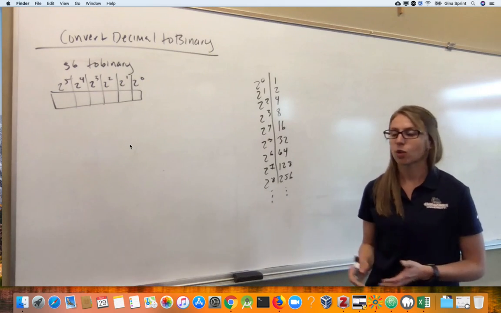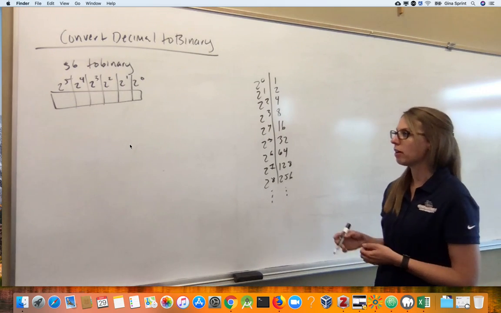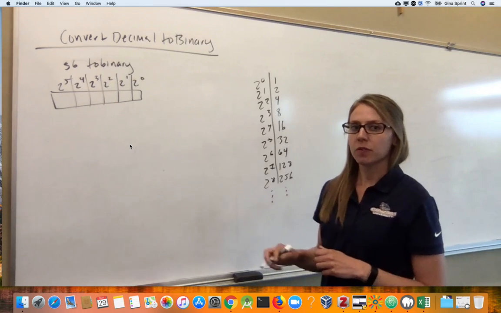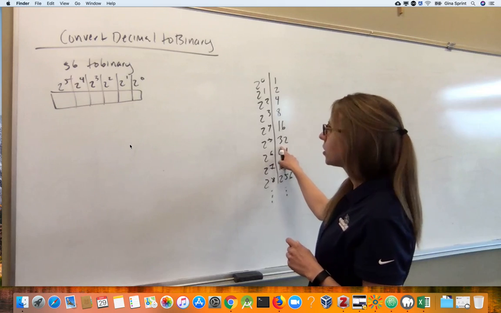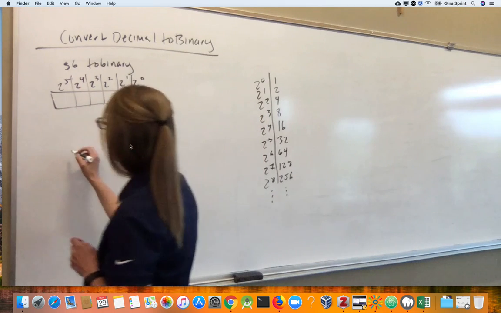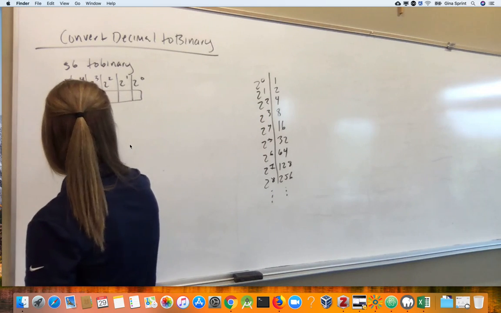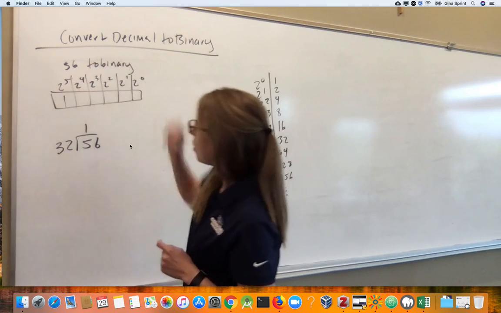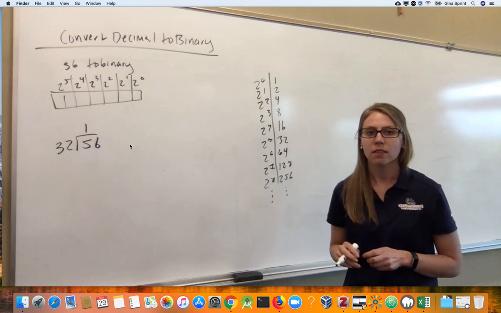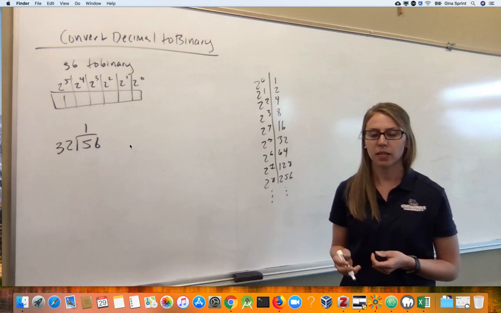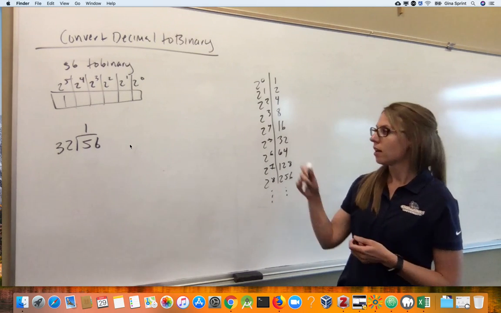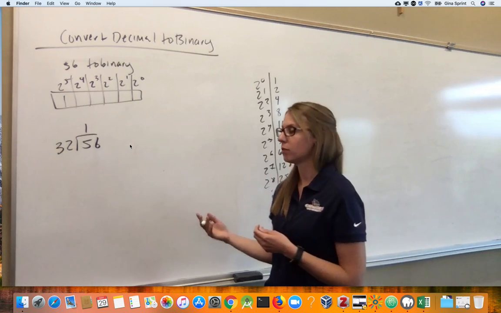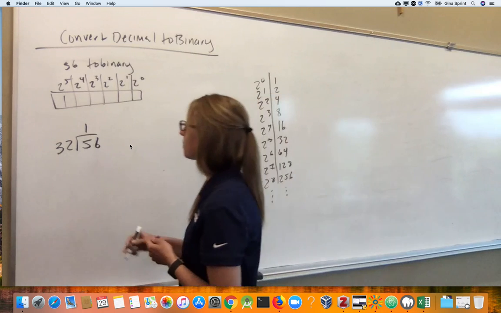Now our task is, how do we fill in 0 or 1 for each one of these spots? Well, we know that 32 goes into 56 evenly one time, so we can put a 1 in the spot for 2 to the 5th, because the power of 2 to the 5th contributes to the number 56.